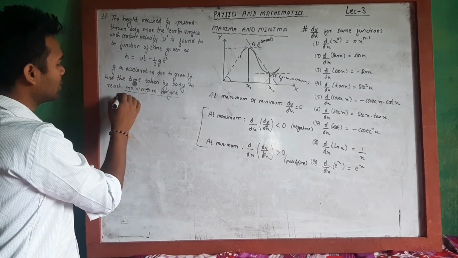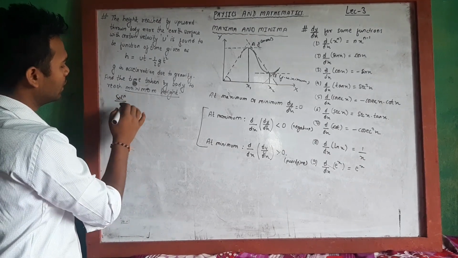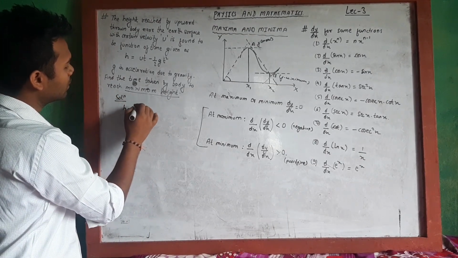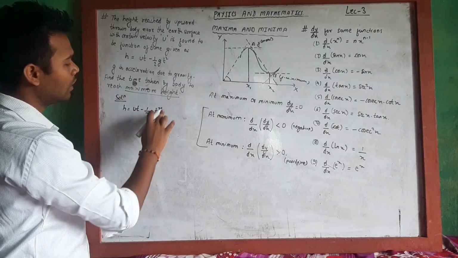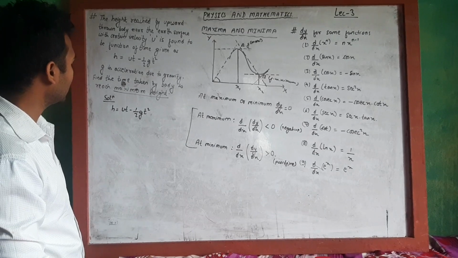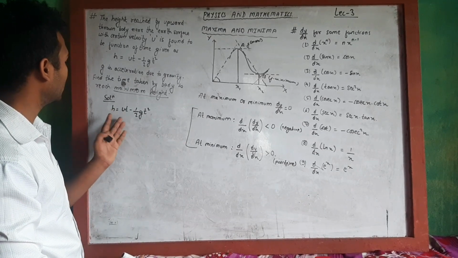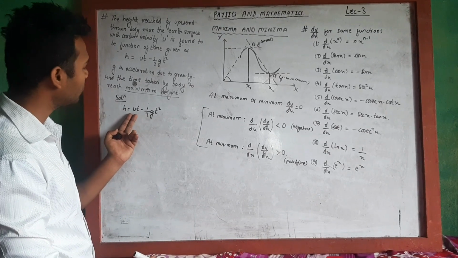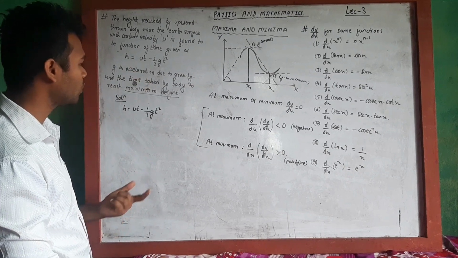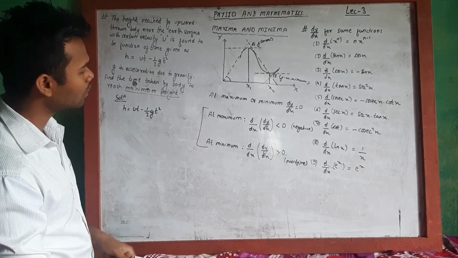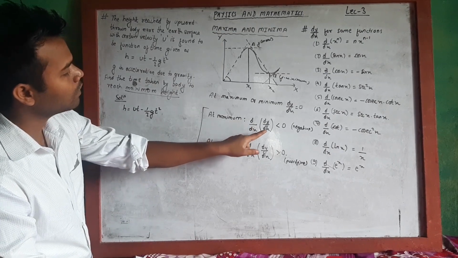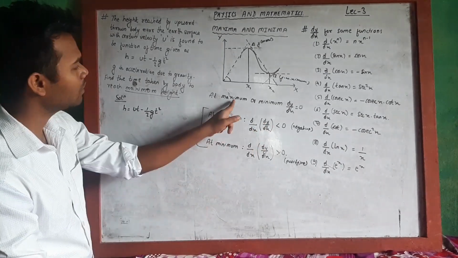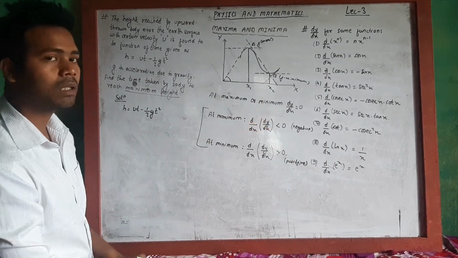Let us do the solution. Here h is given as ut minus half gt square, and we have already seen that the height reached will be maximum, there will not be a minimum, and we also know that at maximum or minimum, the derivative will be 0.